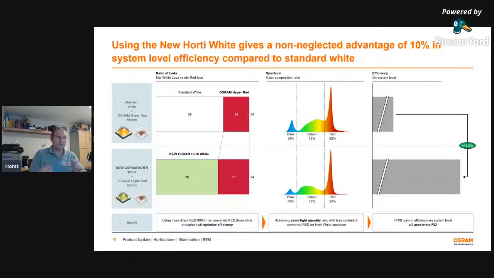But if we look at system level, we boost it by roughly 10%, around 10% more. So this gives us a pure benefit on system level. So I think now this Horti white is understood. It's more or less a greenish light, which cannot be used for general lighting applications, but it's exactly suitable for these horticulture applications.